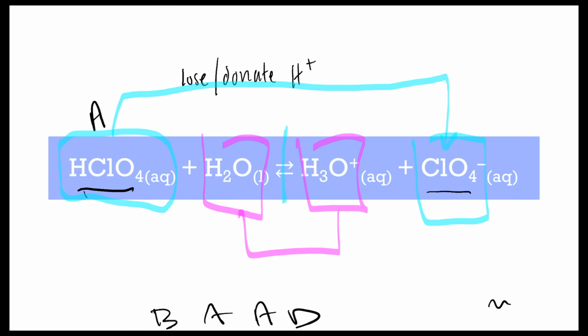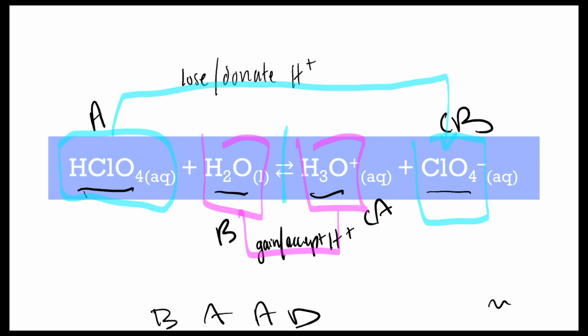Once that acid donates and loses that H plus, you get your conjugate base. That's what we mean by conjugate acid-base pairs: one will be an acid, one will be a base, and all that's different between the pair is one H. Looking at the next one, in order to get from H2O to H3O plus, you have to gain or accept an H plus. If you can accept an H plus, that makes you a base, and that makes that a conjugate acid.